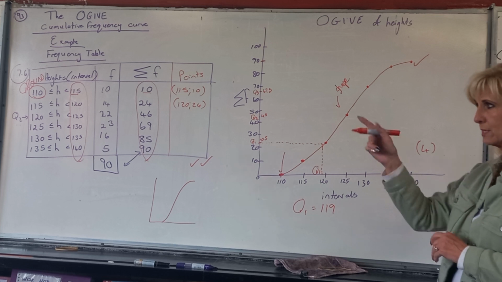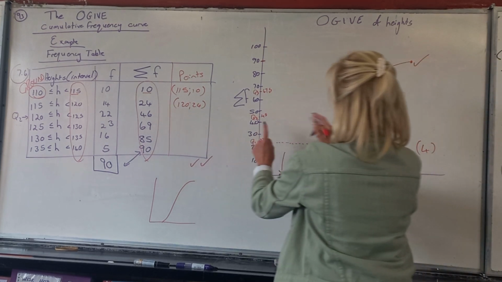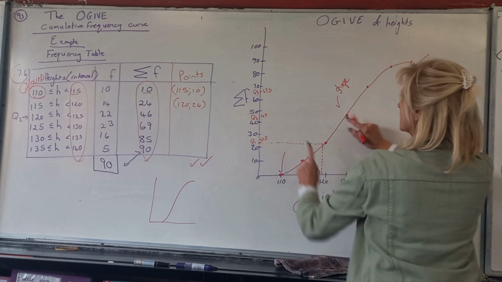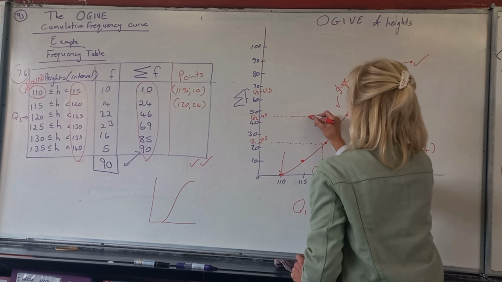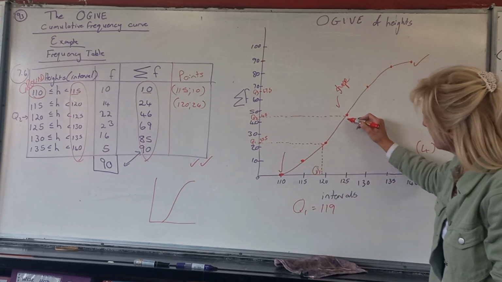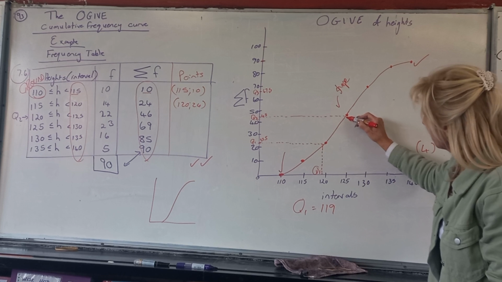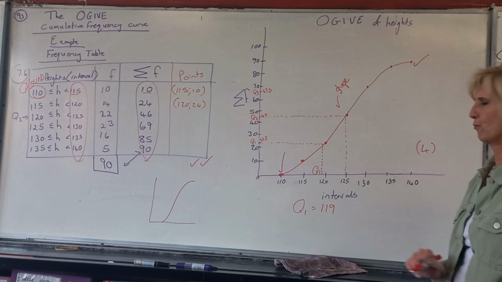Let's look at Q2 and see if we were right. 46 was this one. I'm checking myself here. You see. So it should be a little bit before that. A little bit. And that means 124. Just before.